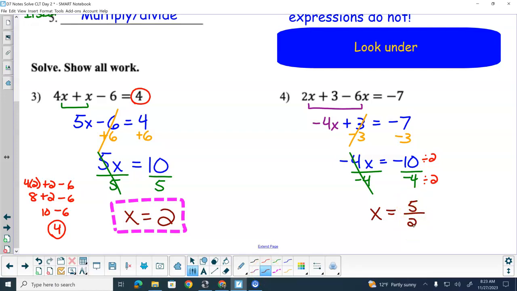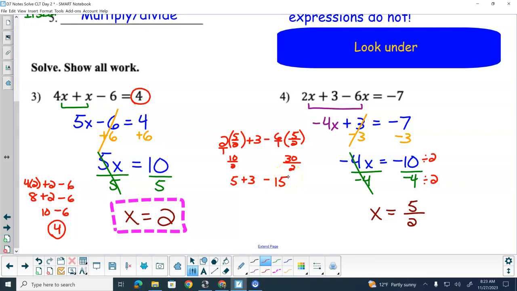Now I got to check it. 2 times 5 halves, that's like 2 over 1 times 5 halves, which is 10 over 2, which is 5, plus 3, minus 6 over 1 times 5 over 2 is 30 over 2, which is 15.